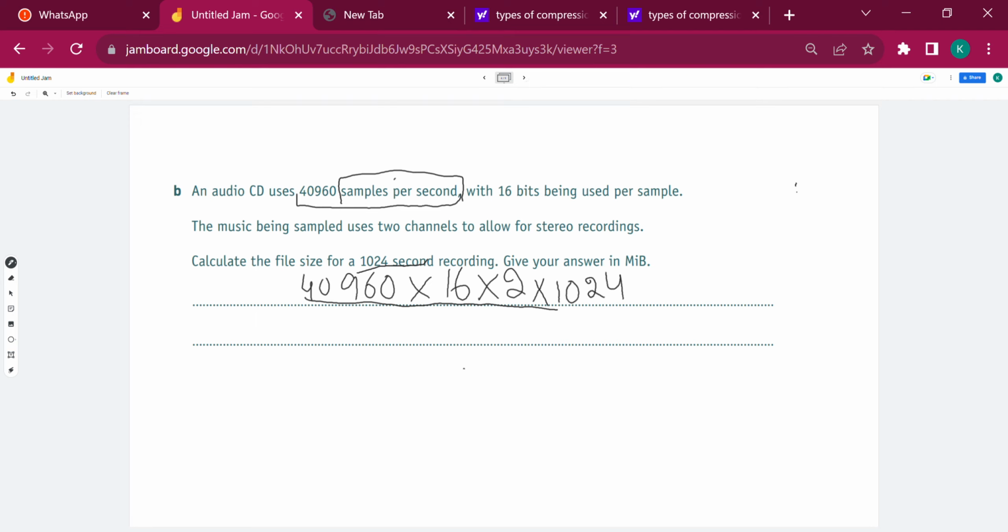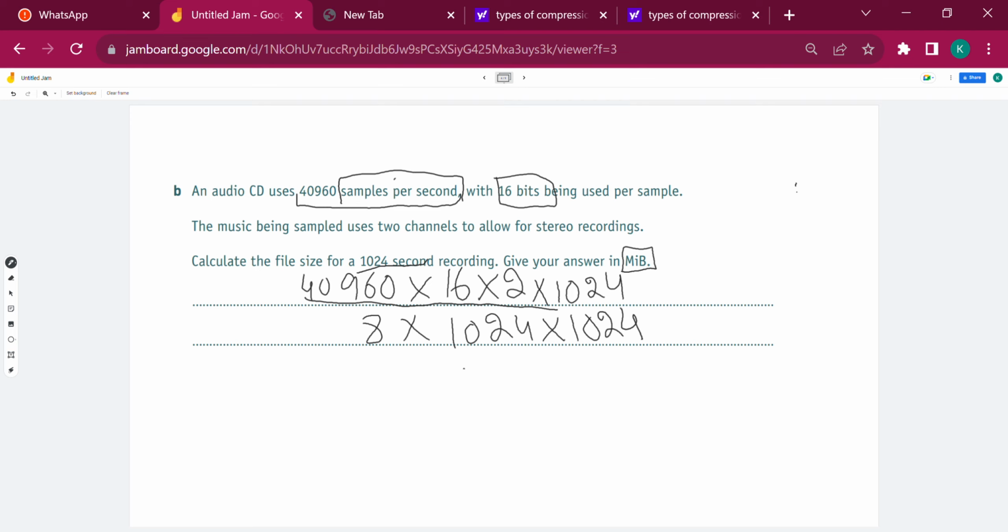Okay. Now we know that it's in bits and we need to convert it into bytes. So we are going to divide it by 8, and for mebibyte I'm going to write 1024 into 1024.